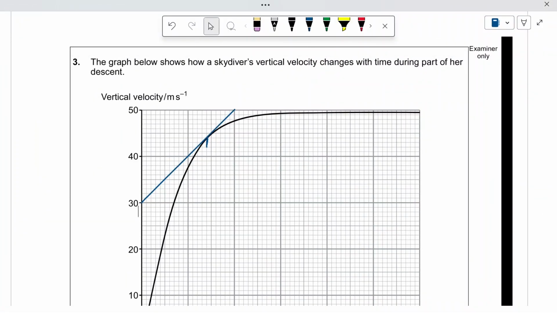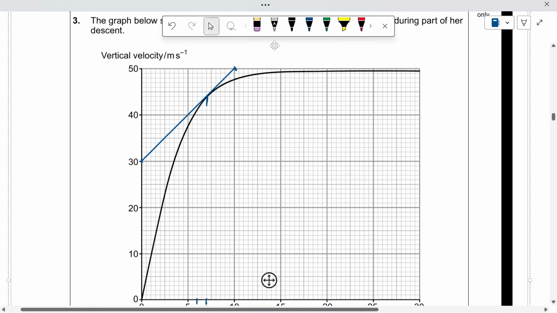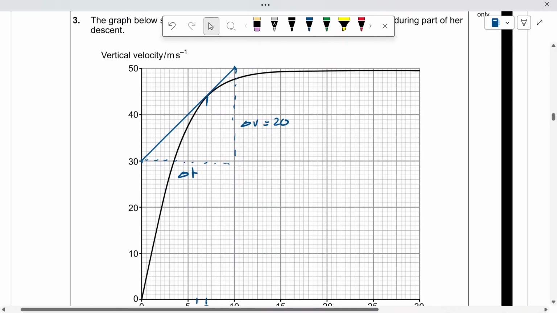Got rid of the ruler. But look how neatly this intersects at these 2 points. So let's find a gradient there. So delta V here is equal to 20. Delta T is equal to 10.